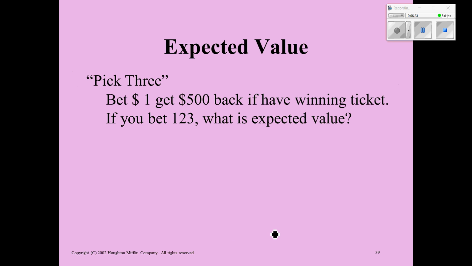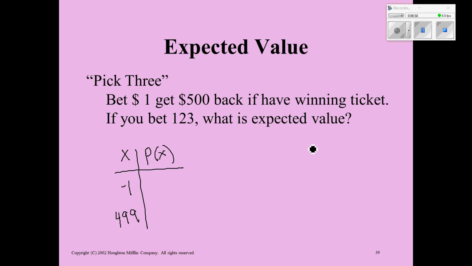Let's look at another example. Pick 3. A $1 bet gets $500 back. So you bet $1, we could lose $1. You get 500 back, so we'll say you walk away winning $499. If you bet 1, 2, 3, that's your expected value. So the question is, how many 3-digit numbers are there?